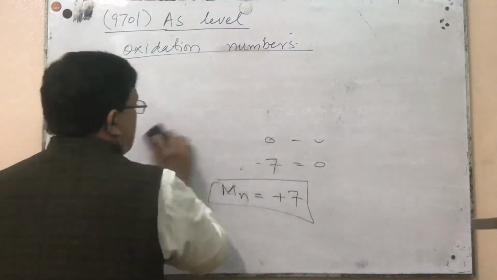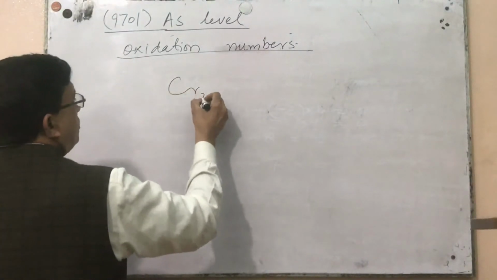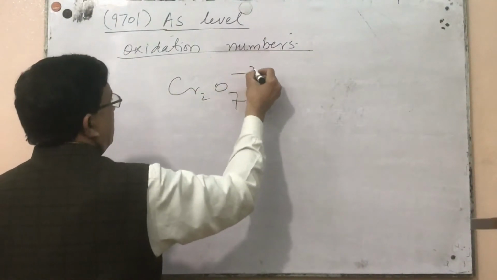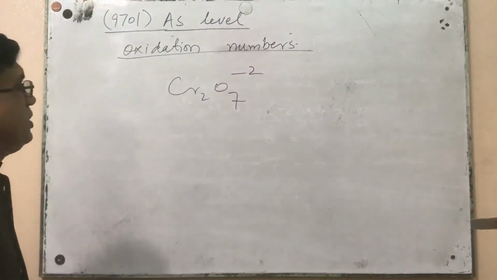Now, if we take an ion just like Cr2O7 2-, we have to find out the oxidation state of chromium.